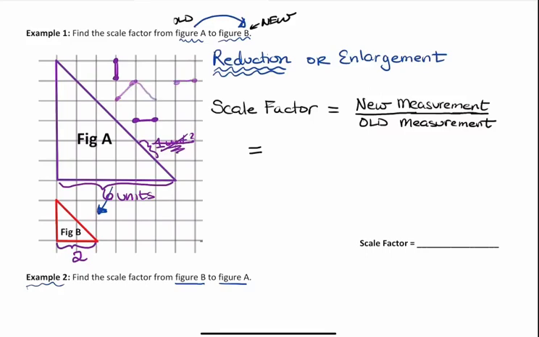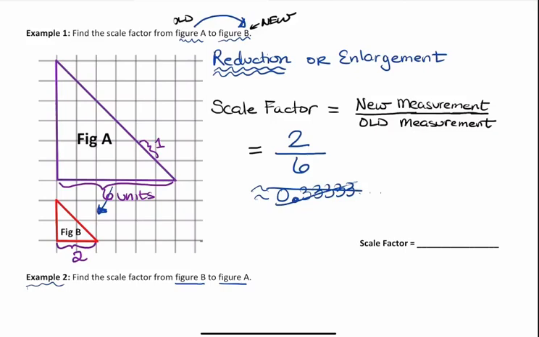I think I talked about that in class at some point during the regular school year before all this stuff started happening. So the new measurement, when we do this, was 2, and the old measurement was 6. Now, if I put that in my calculator, 2 divided by 6, I'm going to get 0.33333, and I don't like to get repeating decimals. If we can avoid repeating decimals, let's do that.